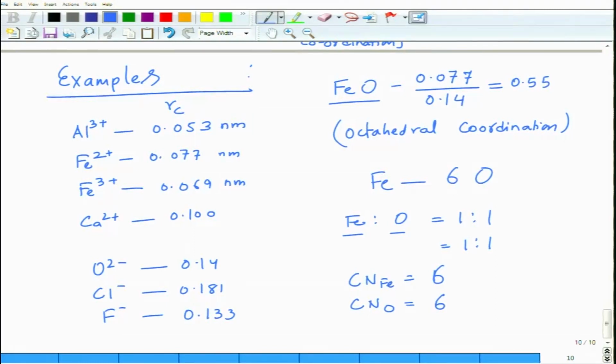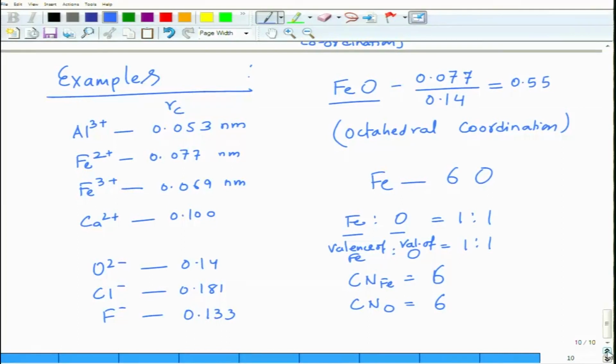They will have to maintain this for charges. The valency, basically, right, plus 2 electrons you have which it can give, 2 electrons it can take, right. So I can write valence of Fe with respect to valency of oxygen, that is also 1:1. So coordination number should also be equal.